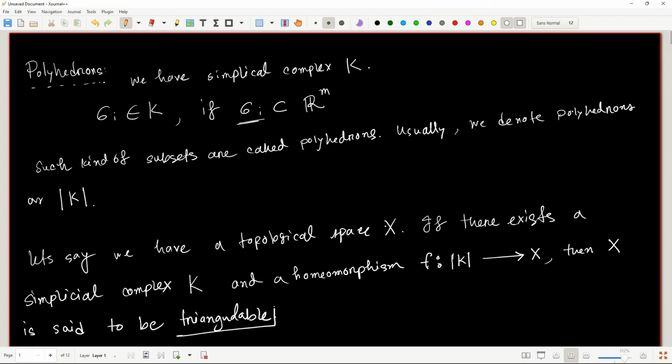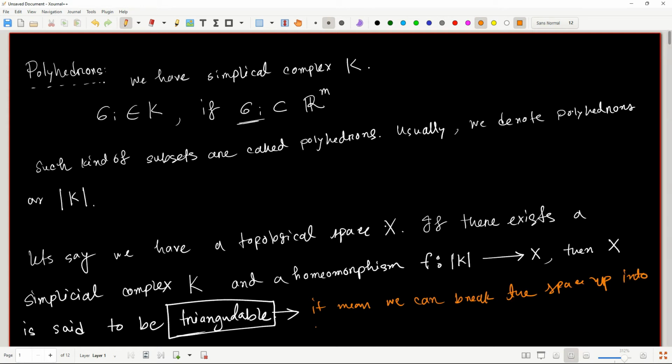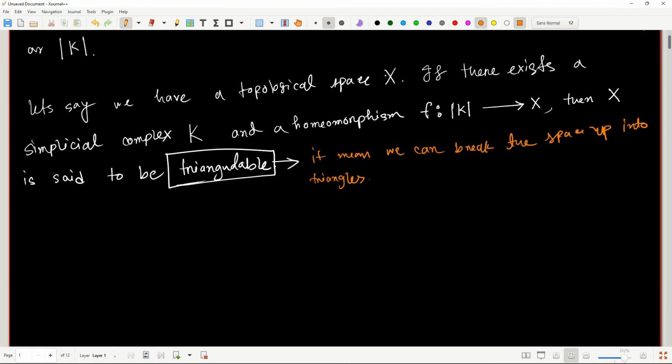What this term over here, this triangulable, means is that, so let me use a different color. It means we can break the space up into triangles. And let me show you an intuitive example.